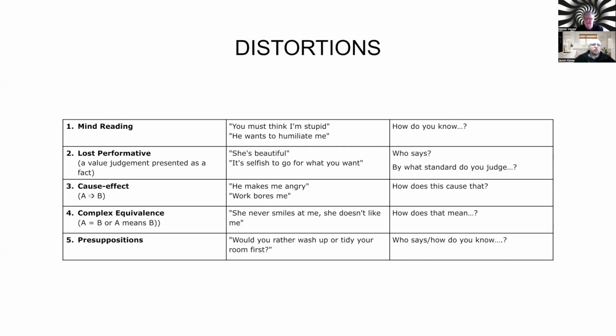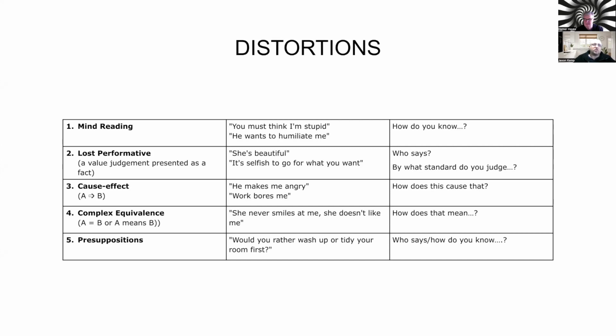So some of the distortions that we do are things like mind reading. We have lost performatives. These are all technical names. We have cause and effect, a complex equivalence, and then there are presuppositions. An example of each of those would be, for a mind read, "You must think I'm stupid."